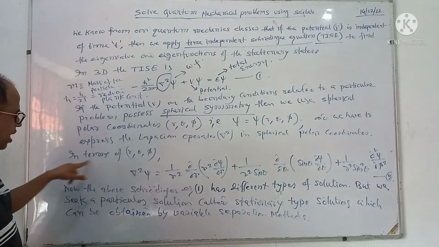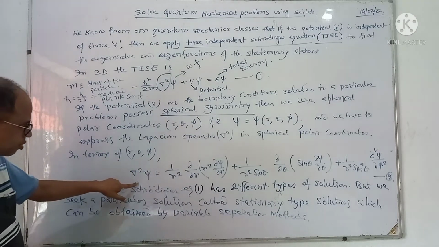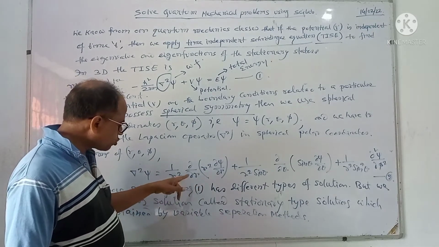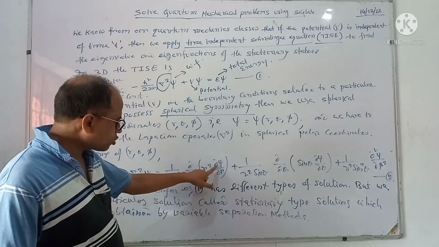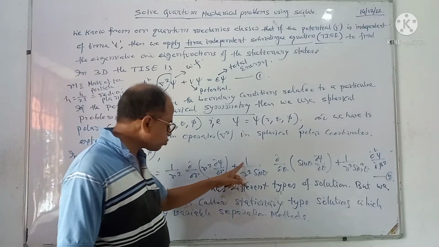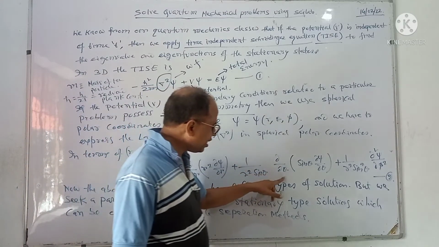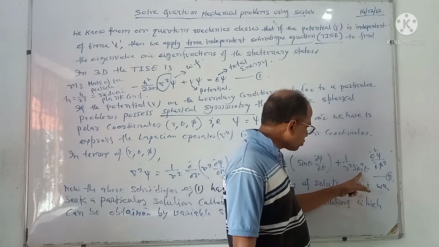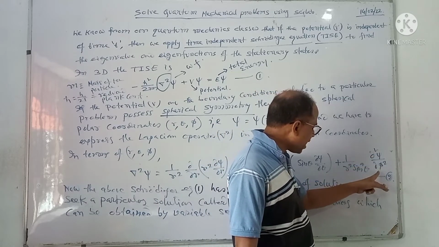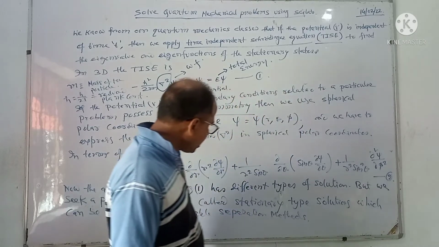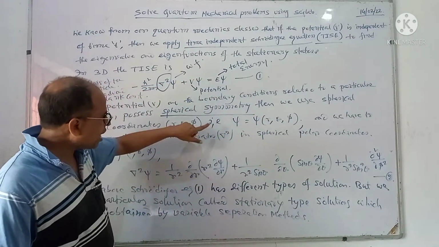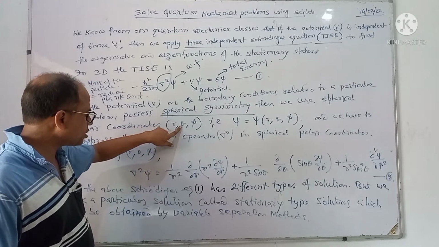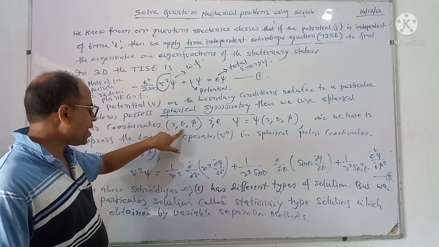In spherical polar coordinates, the Laplacian operator is this one: 1 over r square del by del r of r square del psi by del r, plus 1 over r square sin theta del by del theta of sin theta del psi by del theta, plus 1 over r square sin square theta del 2 psi by del phi square.